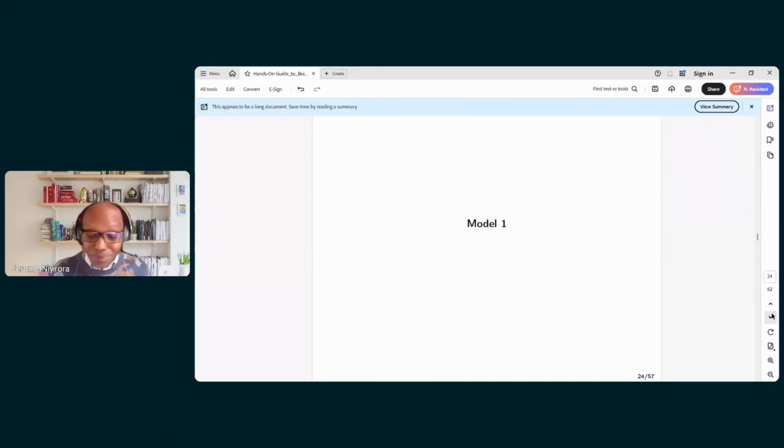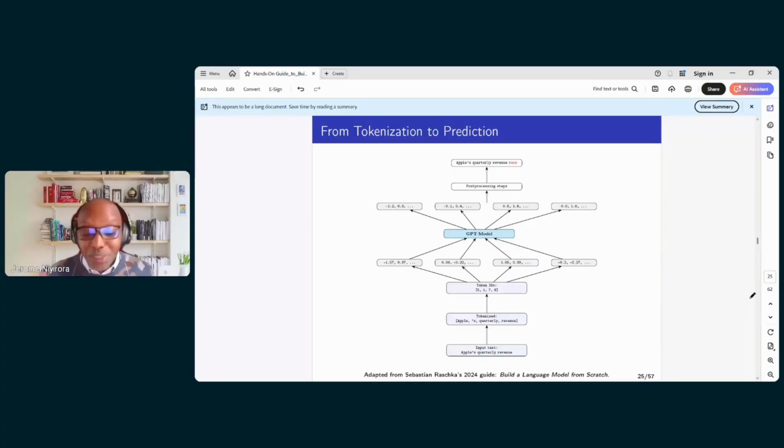With this basic work we just did on tokenization and embeddings, we can actually start visualizing what's going to happen. You start with raw text, you tokenize this into words or characters. You turn those words into token IDs, and those token IDs are turned into embeddings.